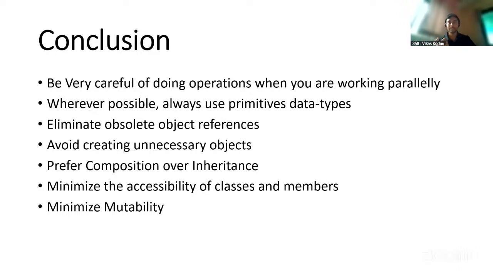Minimize mutability. Mutability is a concept in Java, and it basically means, are we allowed to change the values in our objects or not? By default, as a principle, the objects that we create should always be immutable.